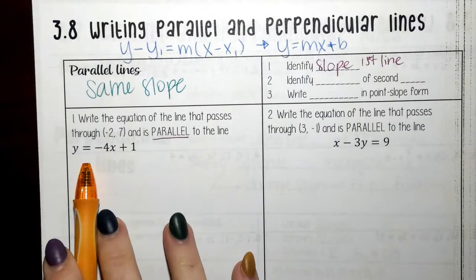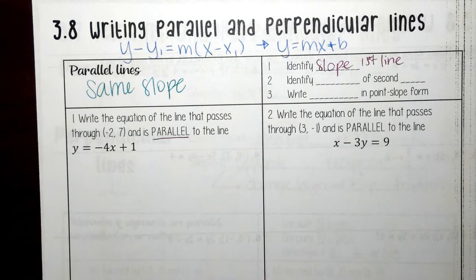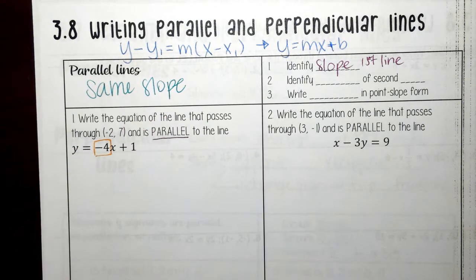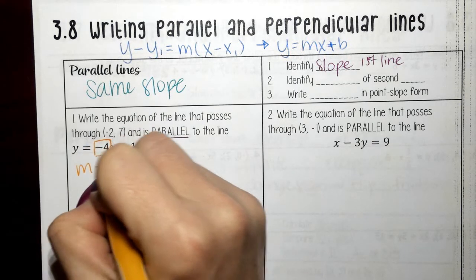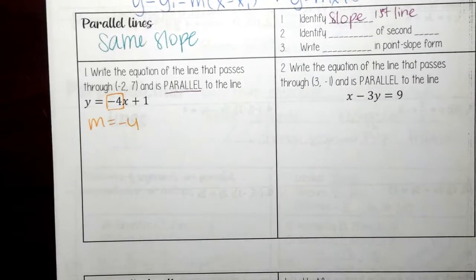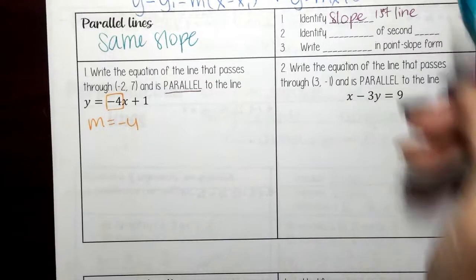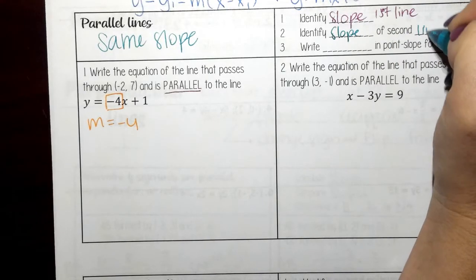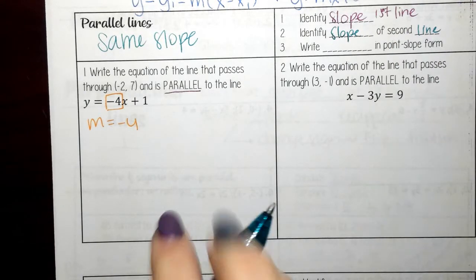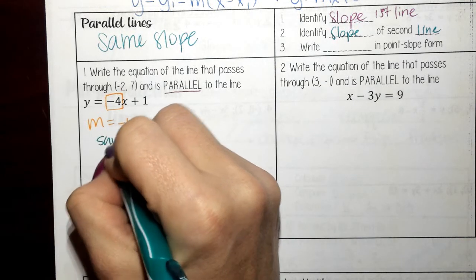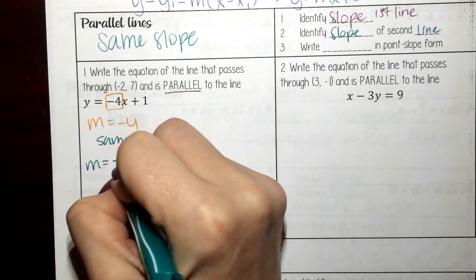The line here is y equals mx plus b, so my slope is the number in front of x. So m is -4. Then identify the slope of the second line. What does the slope of the second line have to be? It has to be the same, so m equals -4.